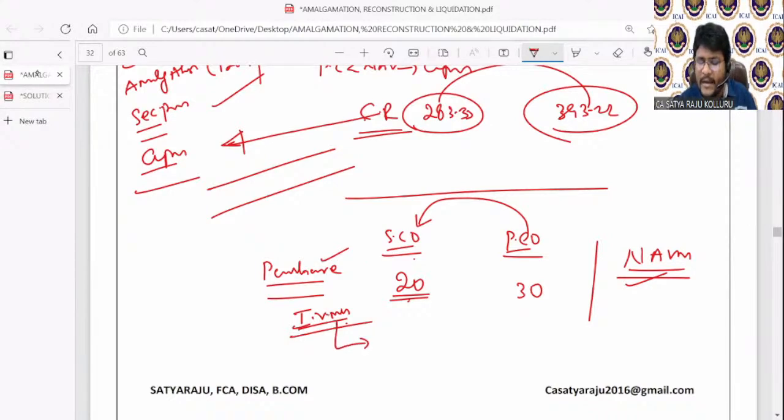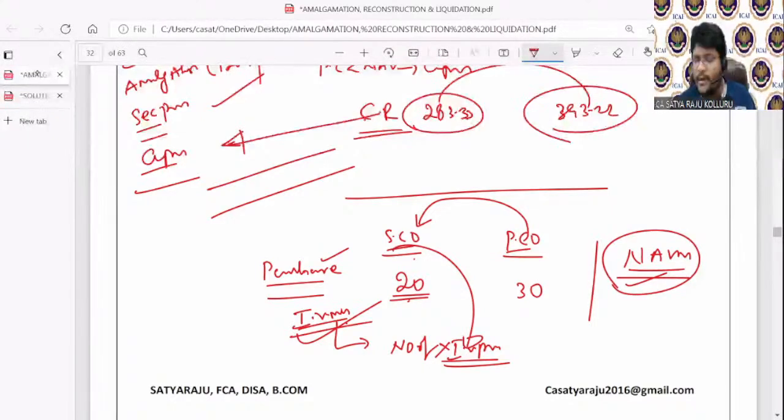For the purpose of calculation of PC in the intrinsic value method, it is number of equity shares in selling company into intrinsic value per share in selling company. If the intrinsic value per share in the selling company is given, we can directly apply the intrinsic value method. But if it is not given, then you can apply the net asset value method.